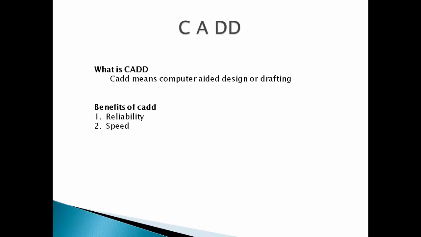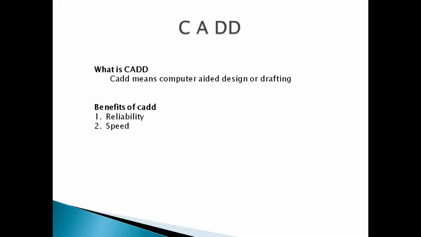Then we have speed. If we do a project manually, or draft a project, it will take almost a week or sometimes a month to design a big project. In STAAD or CAD or any other software, the speed is much faster.